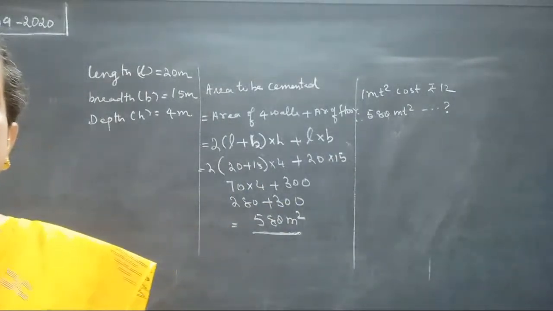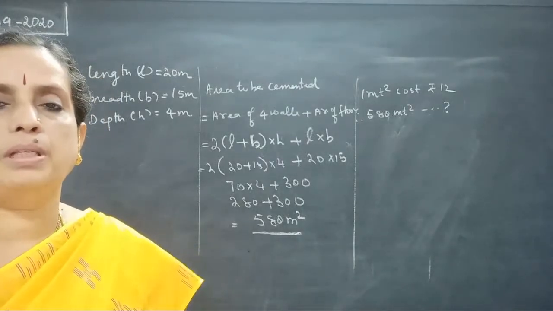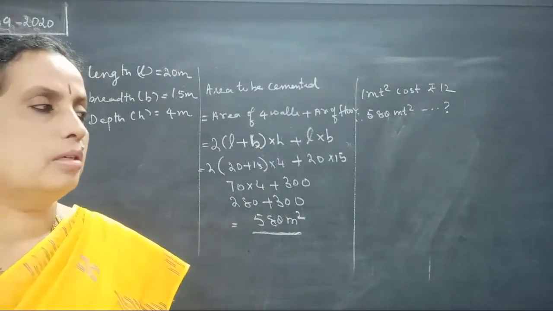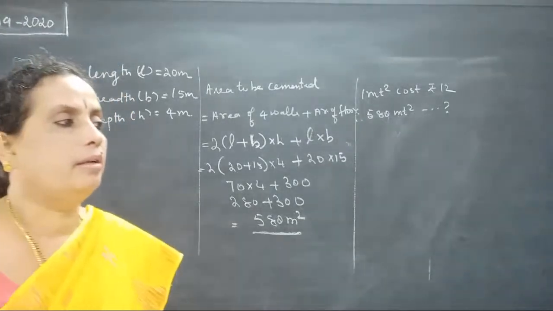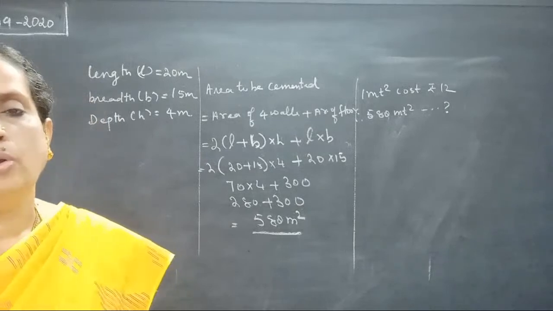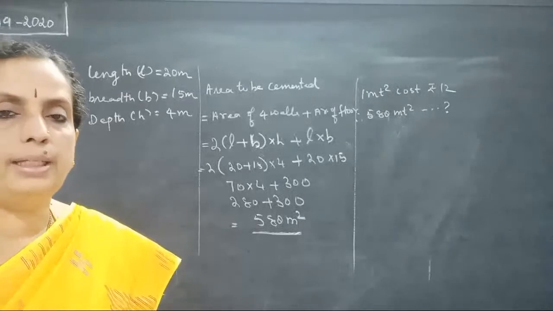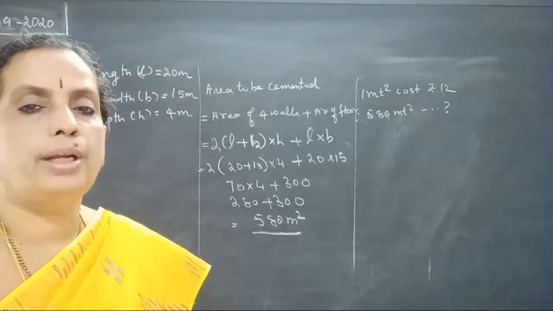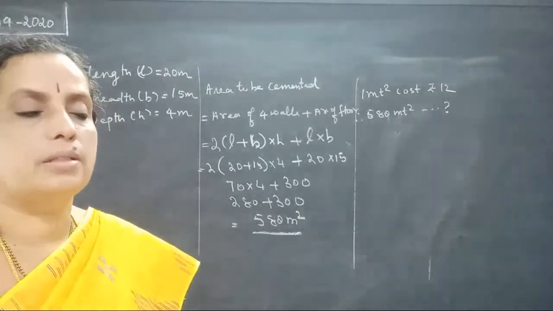What is the cost? 6,960 rupees. Yes, the cost of plastering with cement for the swimming pool. So conclude your answer with the sentence and write its corresponding unit as rupees 6960.